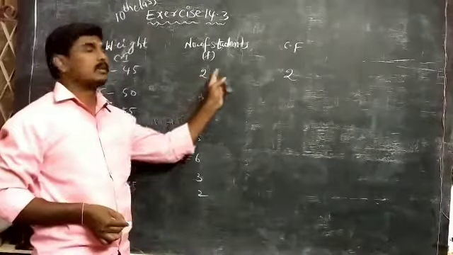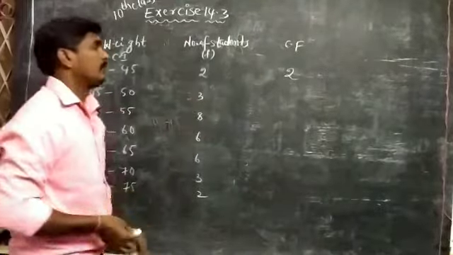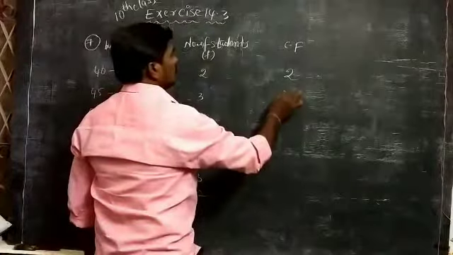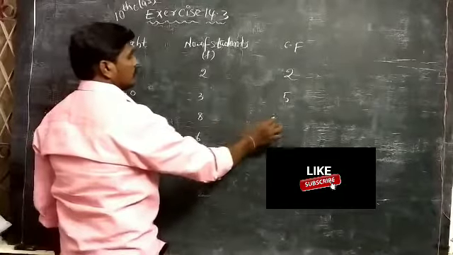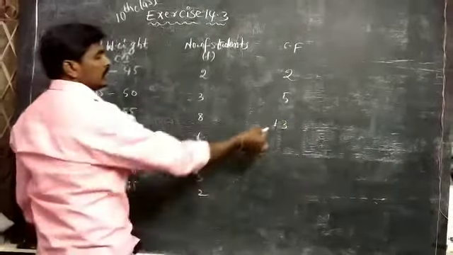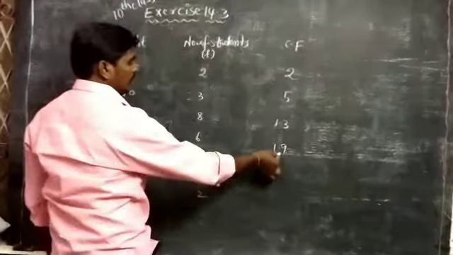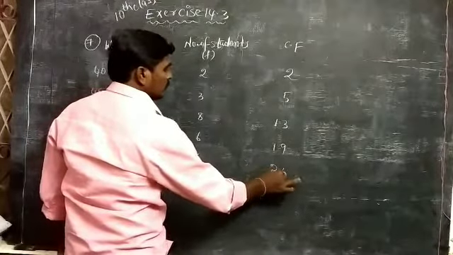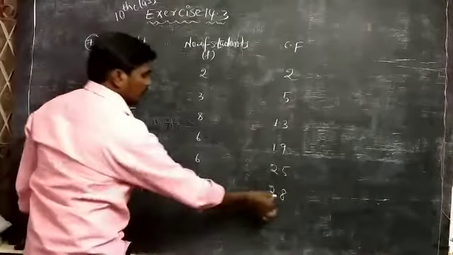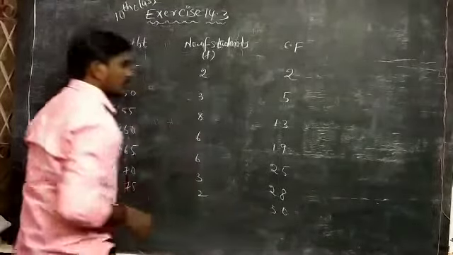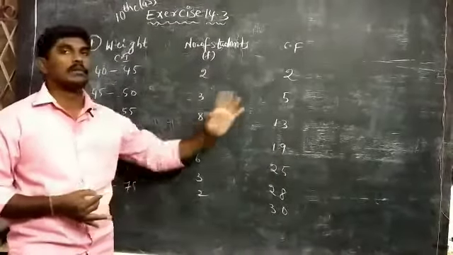Then add 2 plus the next number 3, which is 5. 5 plus the third frequency 8 is 13. 13 plus 6 is 19. 19 plus 6 is 25. 25 plus 3 is 28. 28 plus 2 is 30. Like this way we can find the cumulative frequency from the frequency column.